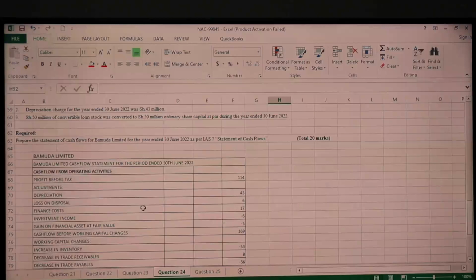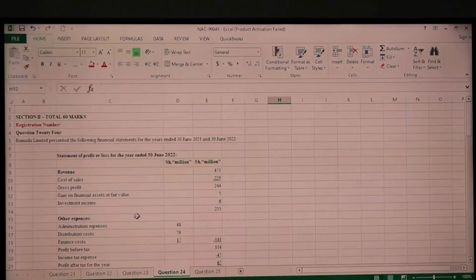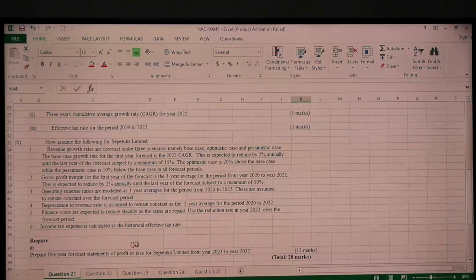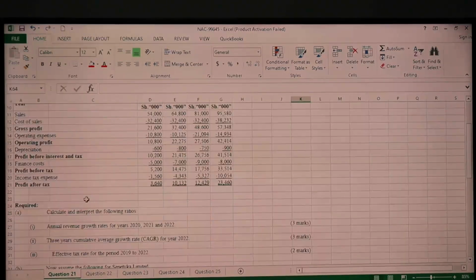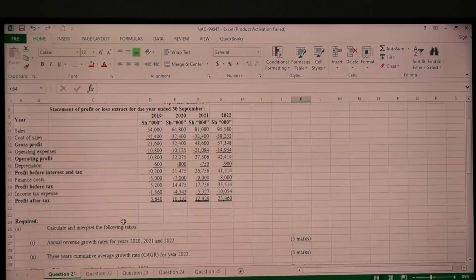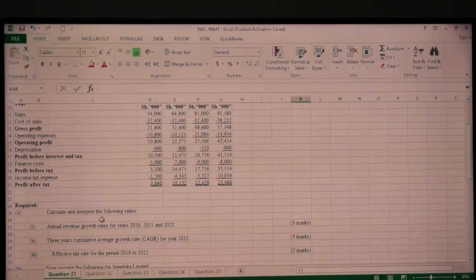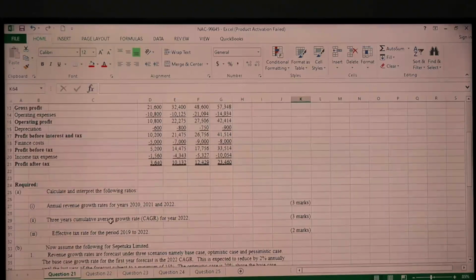So these were the questions for 2022. Question 21 was about how you're supposed to compute and interpret some ratios. We'll discuss more about these ratios, like the revenue growth rate. This is a question that is not missing in any of these past papers.